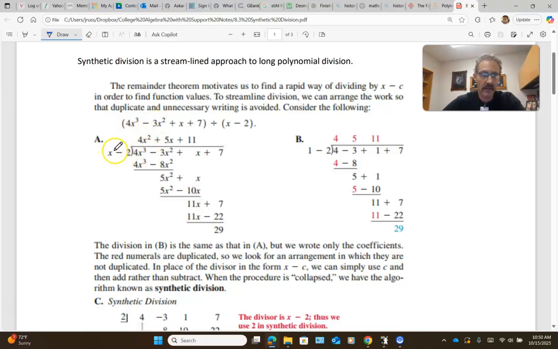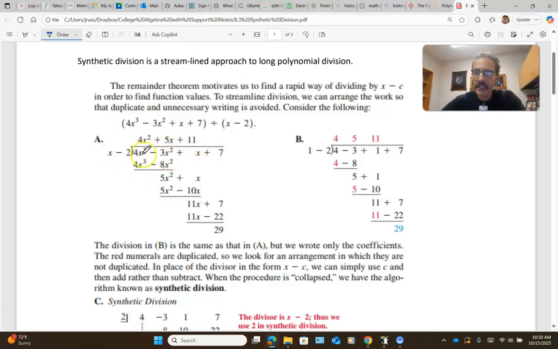You say x goes into 4x cubed, 4x squared times, and then you multiply back through. 4x squared times x is 4x cubed. 4x squared times negative 2 is negative 8x squared. And then you subtract, just like with regular division. You bring down the next term, you try to divide again.